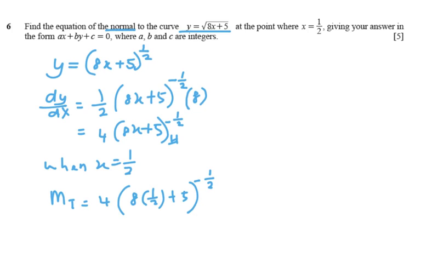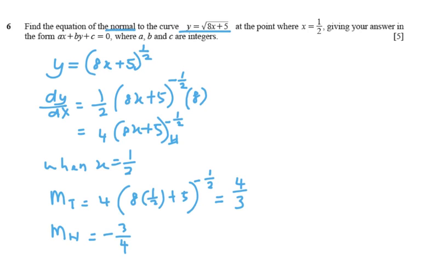Now put all the values in your calculator and you will get the gradient of the tangent as 4 over 3. So the gradient of the normal, since tangent and normal are perpendicular to one another, will be negative 3 over 4.